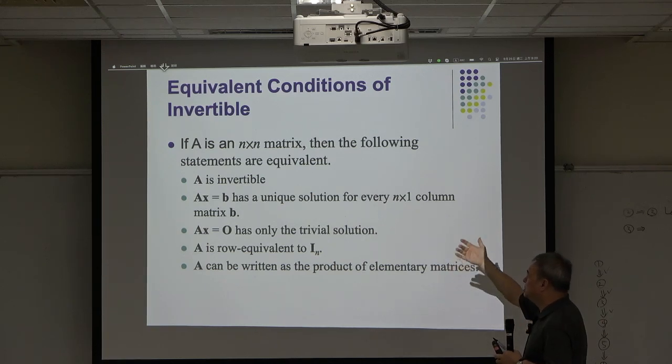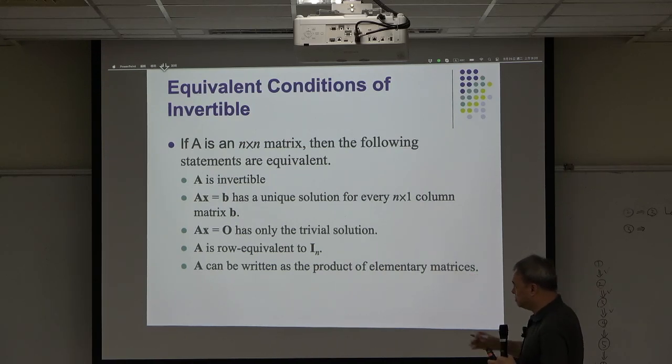So from 3 to 4, A is row equivalent to I_N.